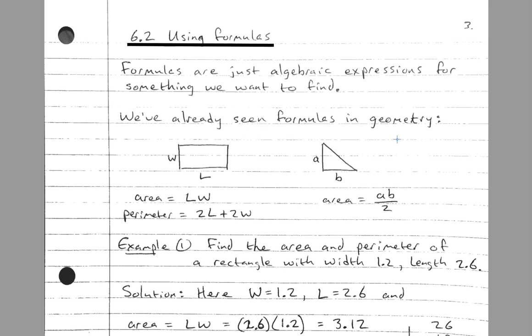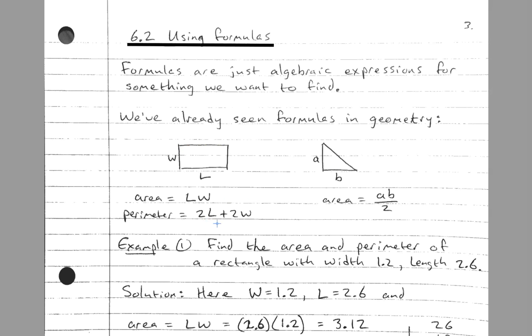Yeah, we have formulas in geometry. The area of a rectangle, that's an easy formula. So the area of a rectangle of length L and width W is just L times W. So that's this area inside the rectangle.